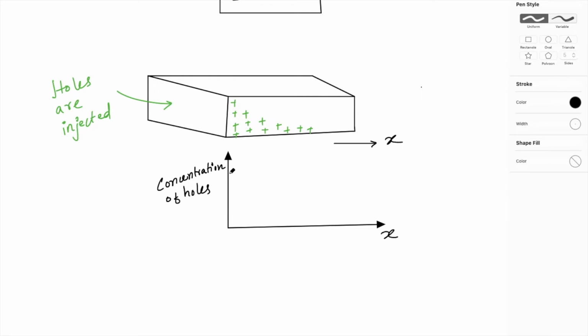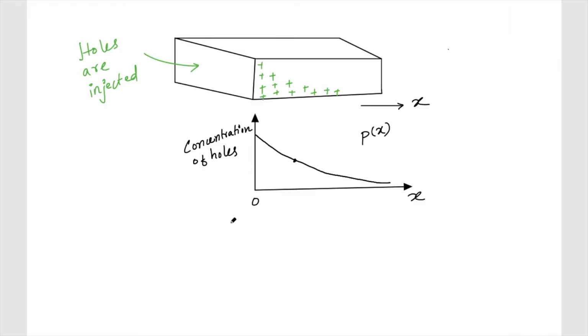The concentration of the holes will be something like this because it's diffused here. Let's consider this concentration profile to be p(x). That means at any point here, I'll have my concentration as p(x). The diffusion principle of the semiconductor states that the magnitude of the current at any point of the semiconductor is directly proportional to the slope of this concentration profile.